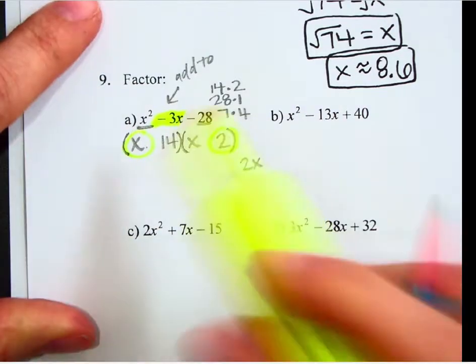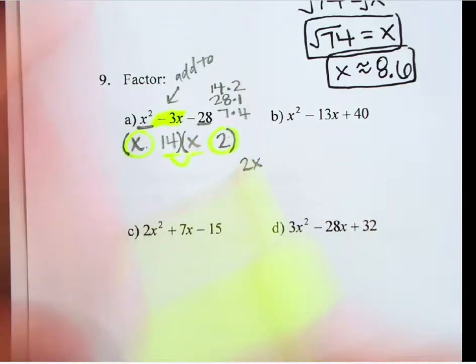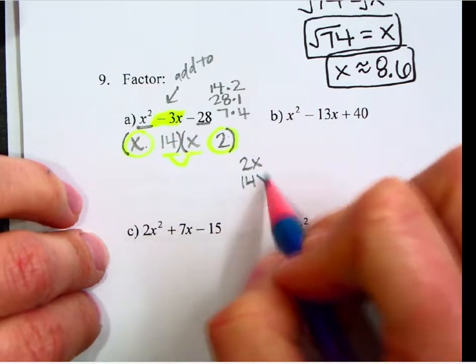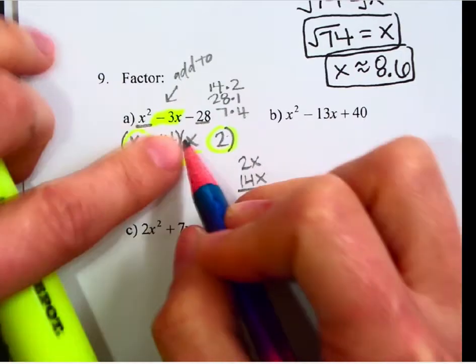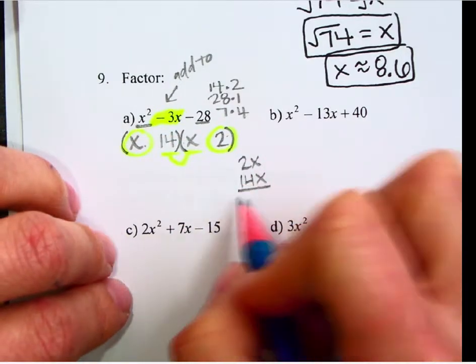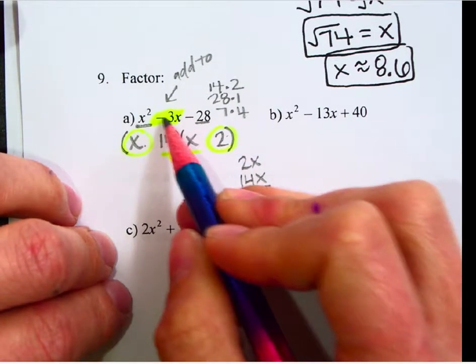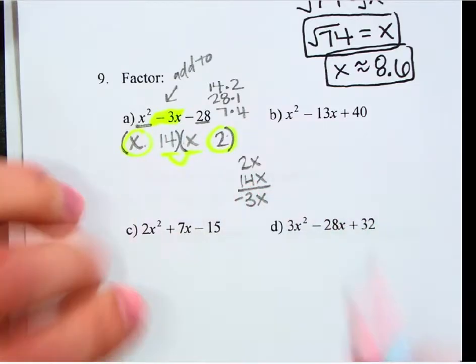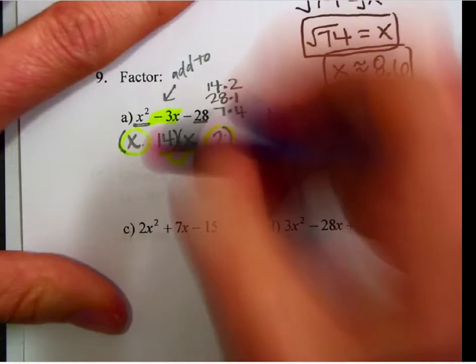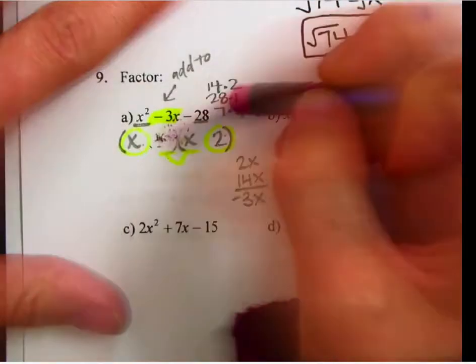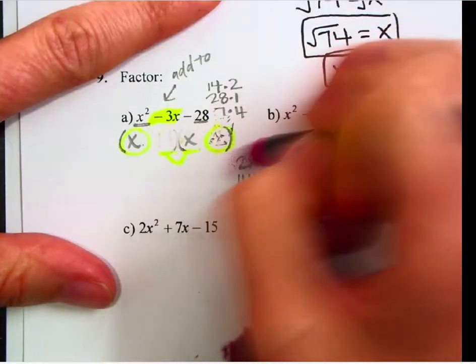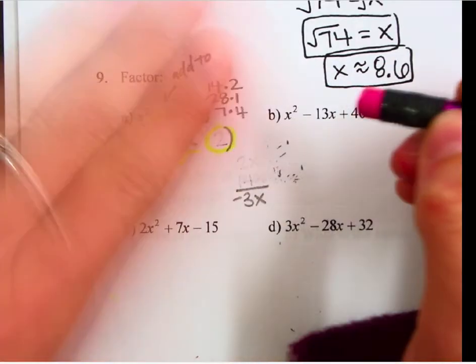Then we're going to multiply the inside, 14 times x, and we're going to write that down. When you multiply your outside terms and inside terms, you want to be able to add them to equal negative 3x. But that doesn't work with 2 and 14. So that's okay. That's why we use a pencil to factor. We're just going to go in and erase 2 and 14 and try different numbers.